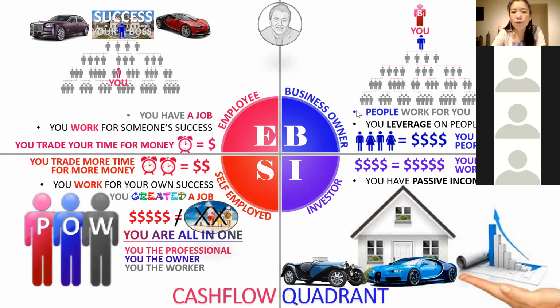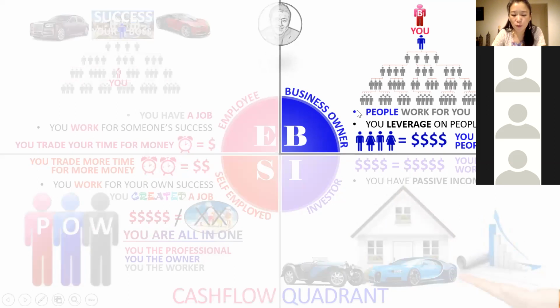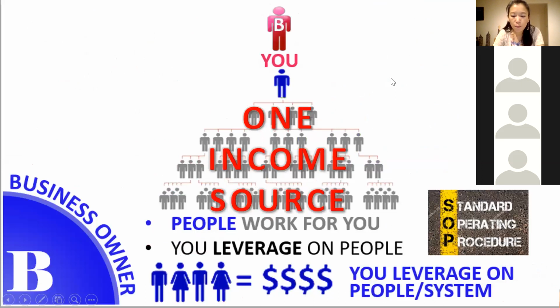Tonight, we're going to be focusing on this particular quadrant that we call the B quadrant. So the B quadrant is also called the shop quadrant. And we have, as we mentioned previously, a system, a standard operating procedure, where you only have one income.